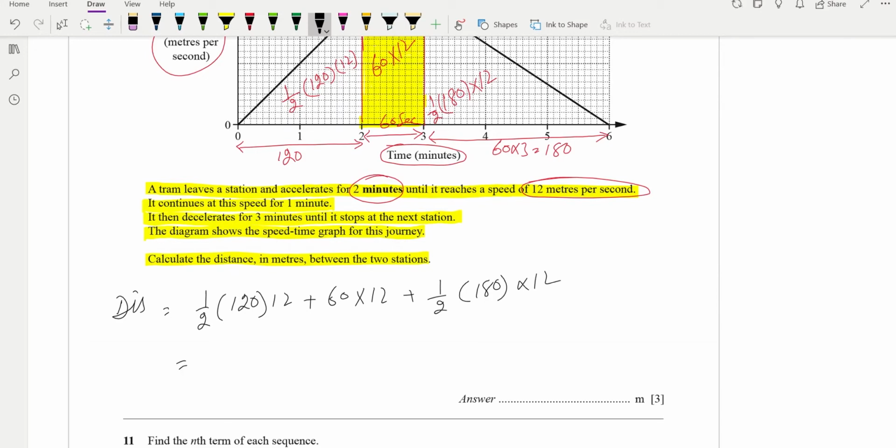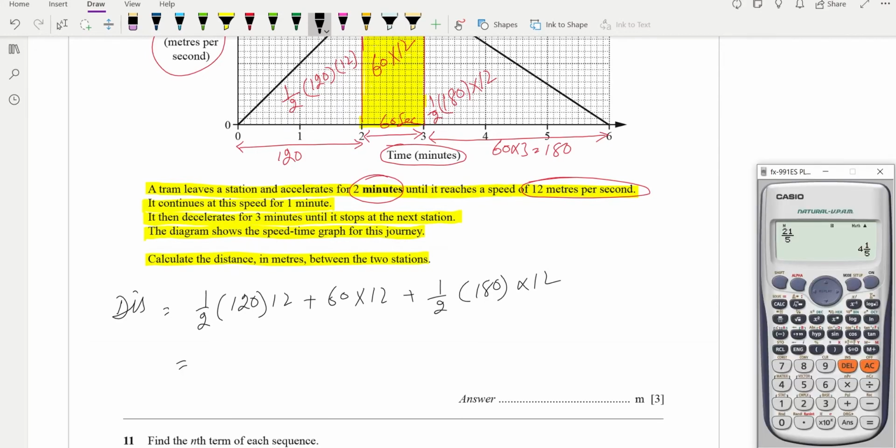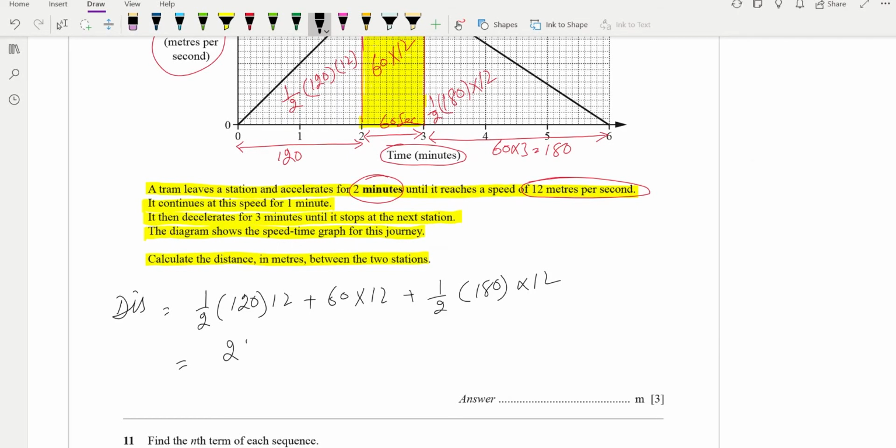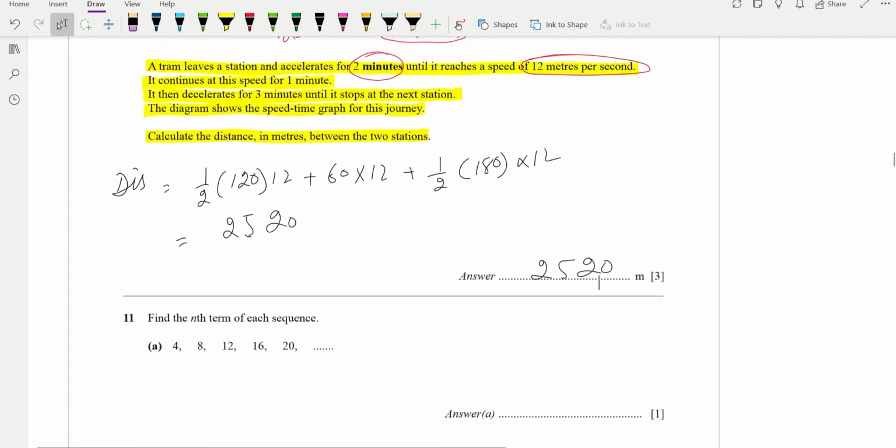We can find this calculation: 0.5 multiplied by 120 multiplied by 12, plus 60 multiplied by 12, plus 0.5 into 180 multiplied by 12, and this will be 2520 meters. This will be our answer.